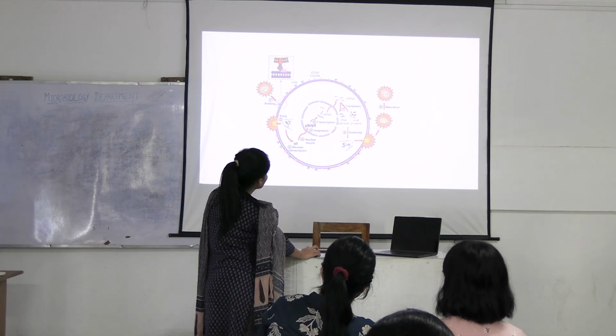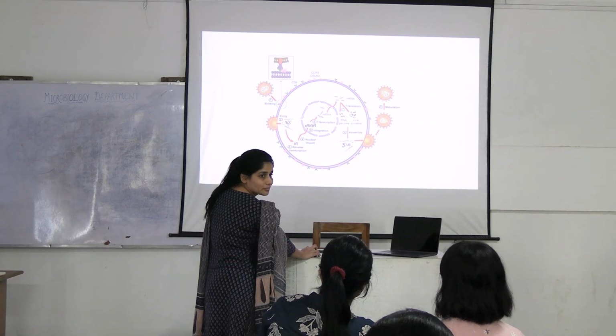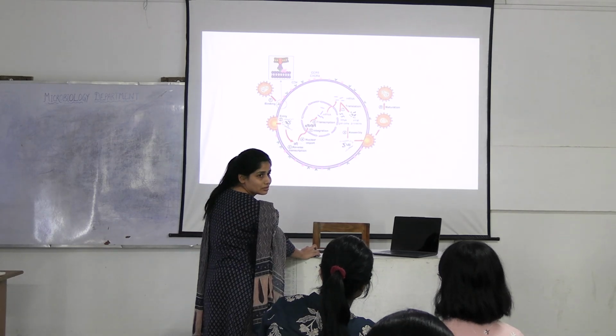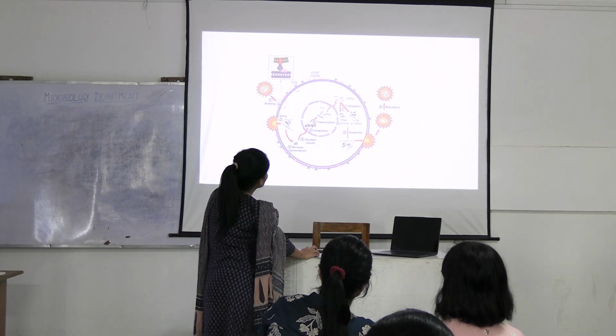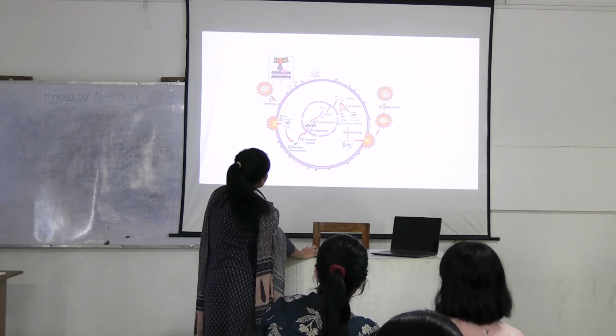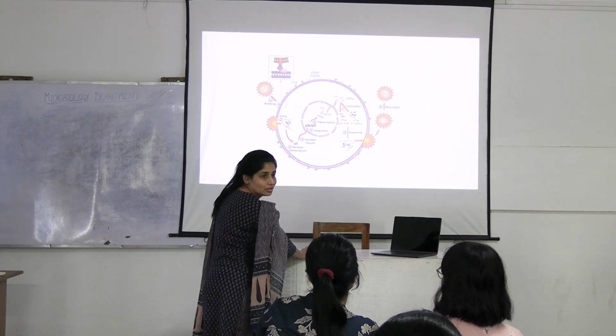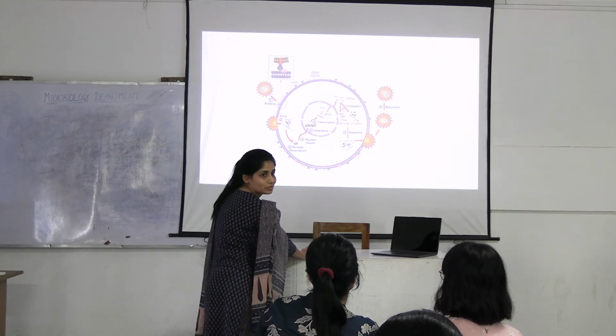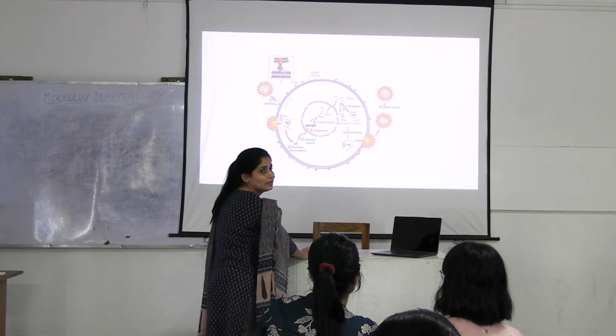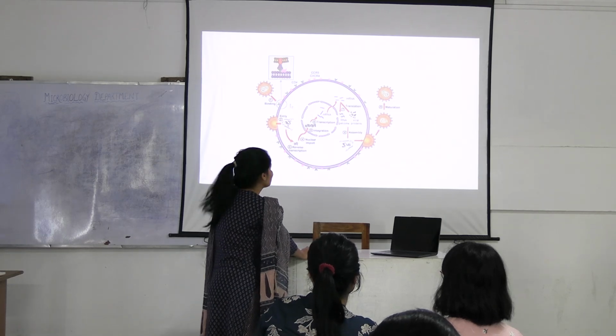And what is this? This is your T lymphocyte. Okay. What can you see here? Surface antigen. Okay. Along with the surface antigen, which helps in the attachment of the HIV virus on the cell surface through GP120 and GP41.